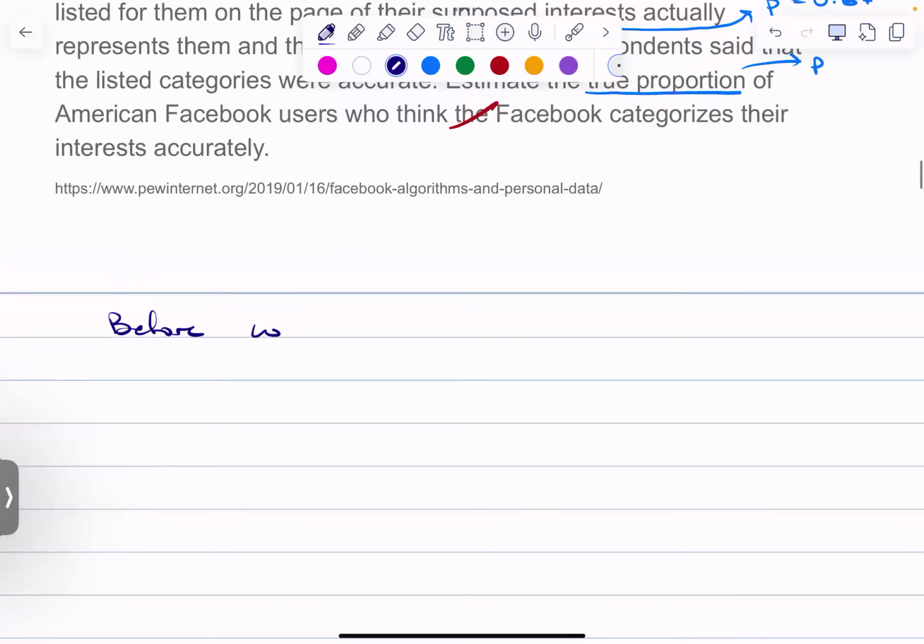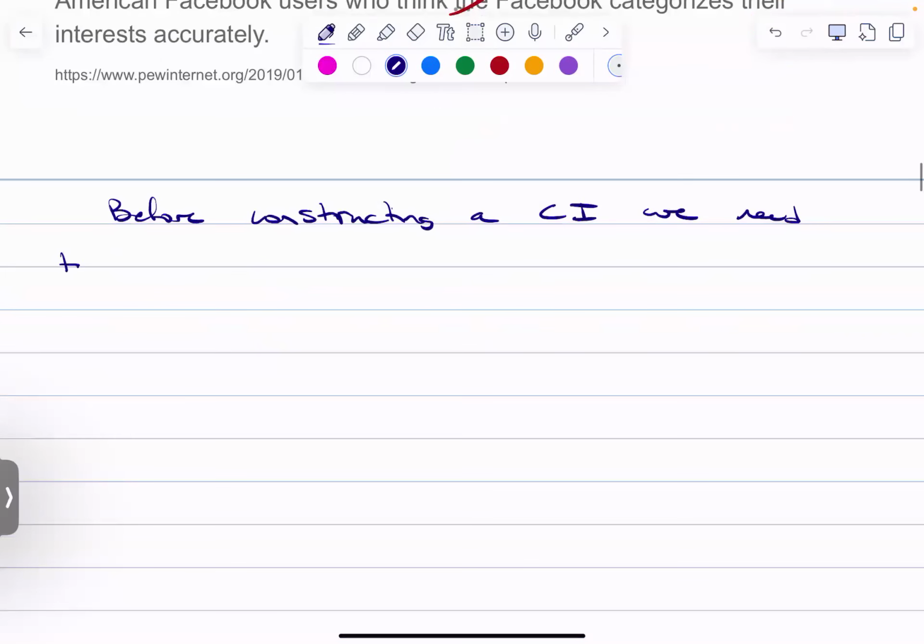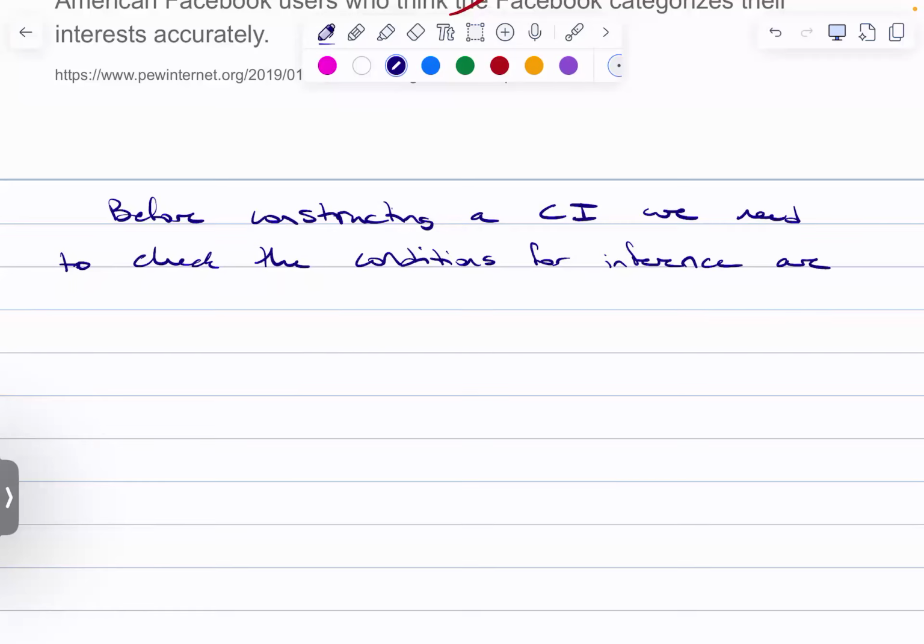Before constructing a confidence interval, we need to check that the conditions for inference, which we introduced last day, are satisfied.